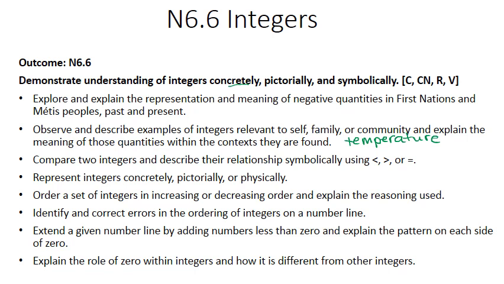Compare two integers and describe their relationship symbolically using less than, greater than, or equal to. Now, here's how you remember less than, greater than, and equal to. The less than sign, this guy, kind of looks like a crooked L. See that? So when you're writing with those signs, you can say 56 is less than 100, right?